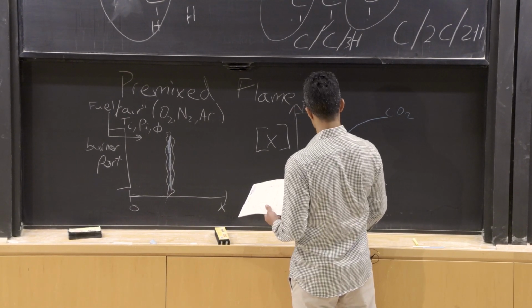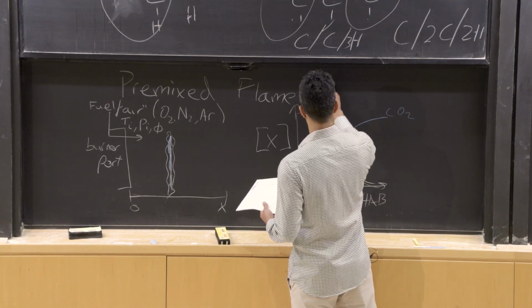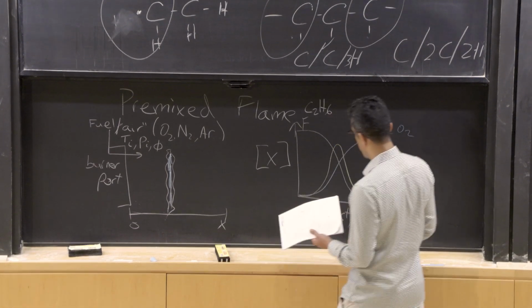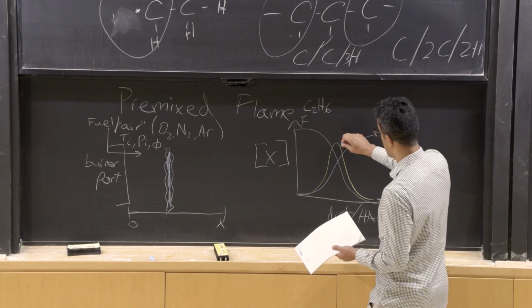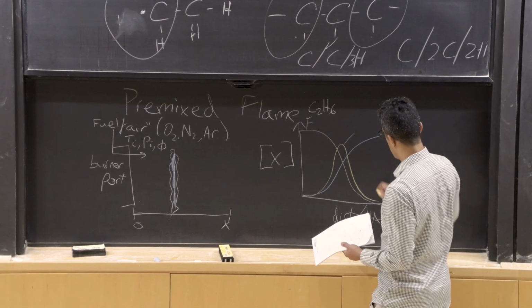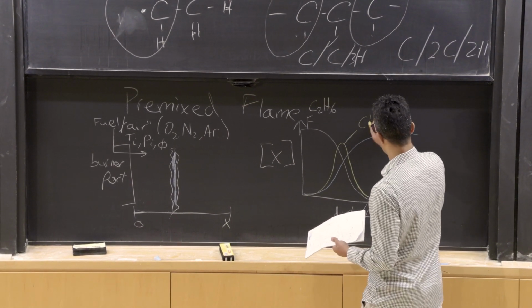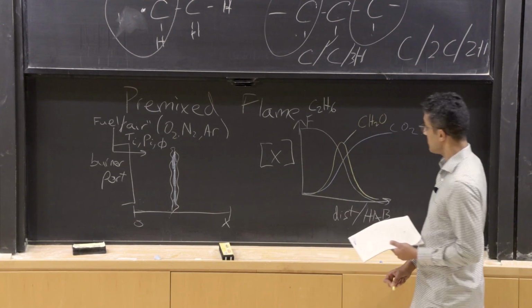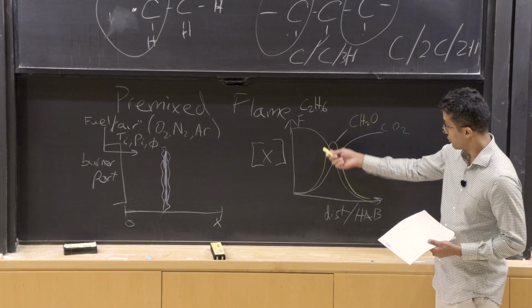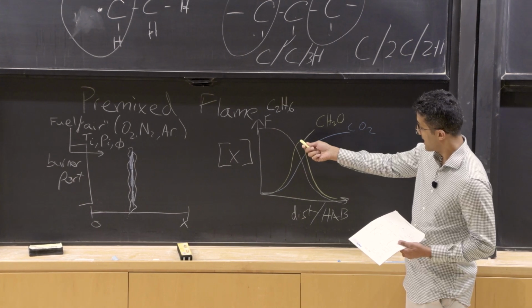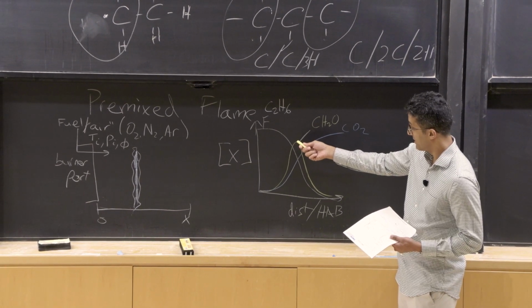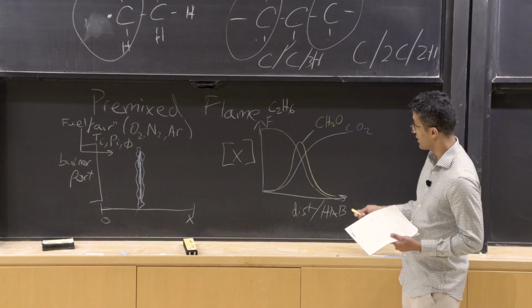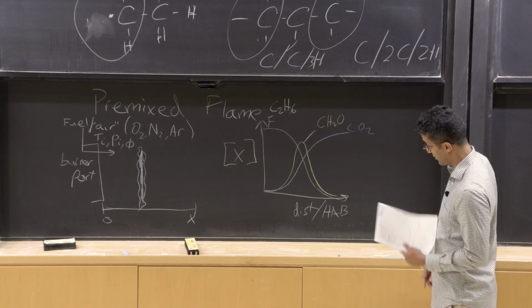Ethane is the fuel. You could have some intermediate species, probably something like formaldehyde might look like this. CH2O, formaldehyde. So it's produced as the fuel is being consumed, but then as it enters into the flame, it's also being consumed, oxidized fully to make something like CO2.